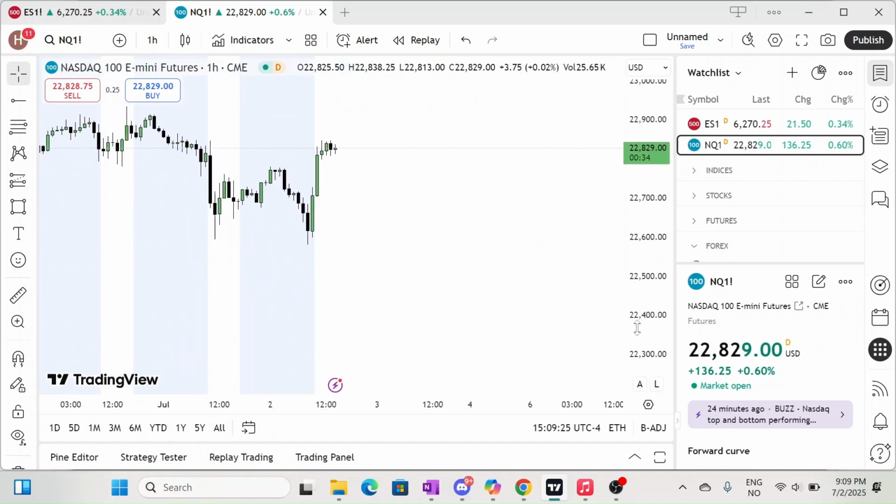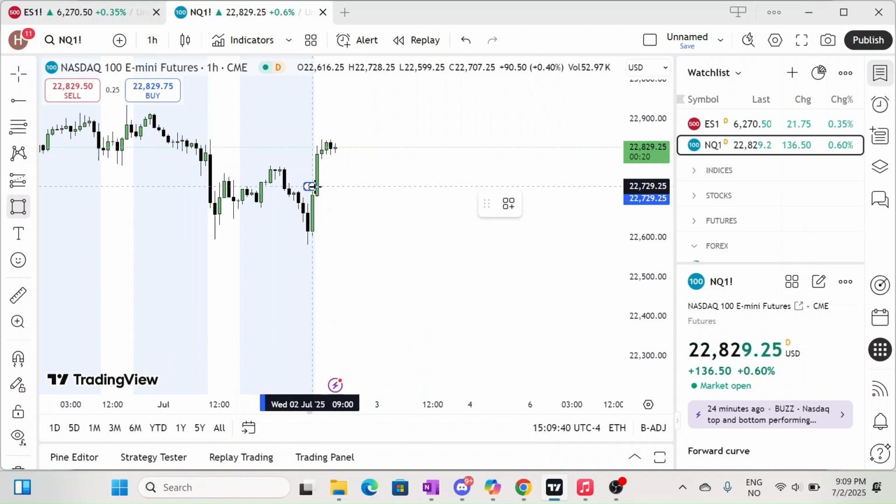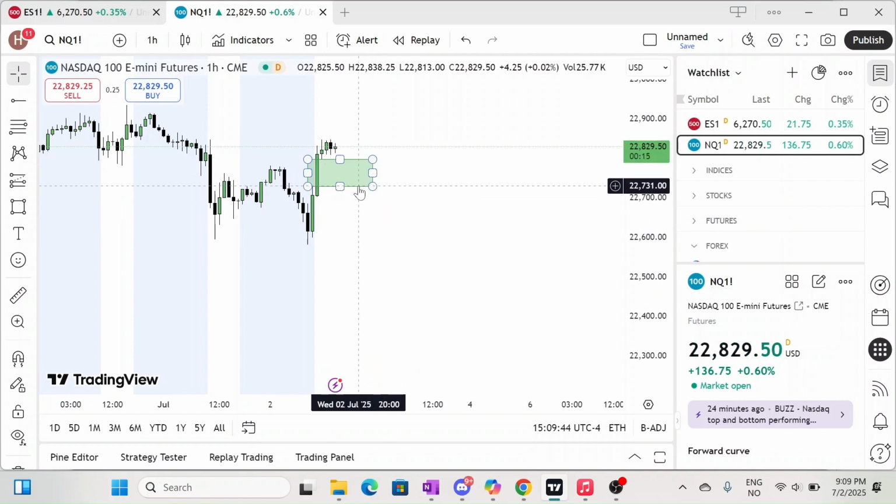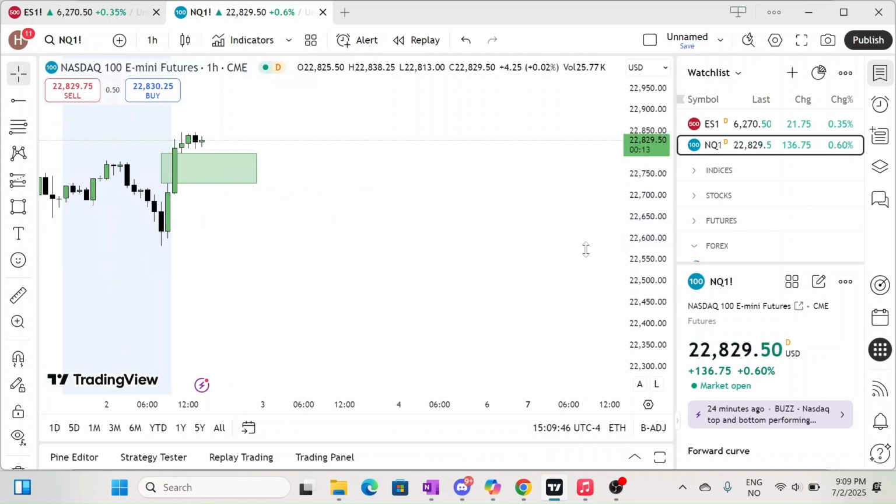So we can start off with this. It's good practice for everyone that wants to learn what the fair value gap is to just go ahead in the market and we can mark out. So we can see instantly right there we have a gap between the high of this candle to the low of this candle. So this will be a fair value gap.